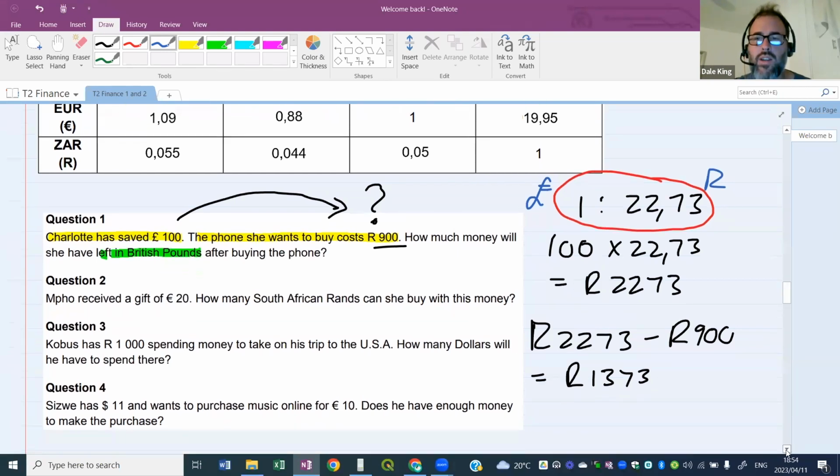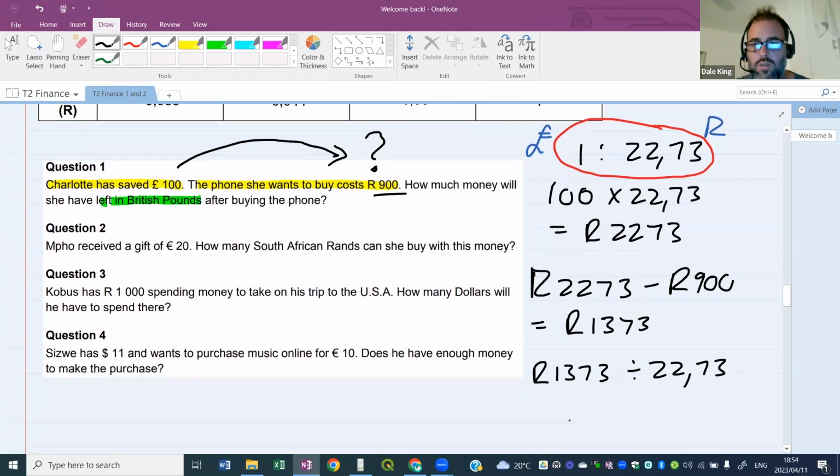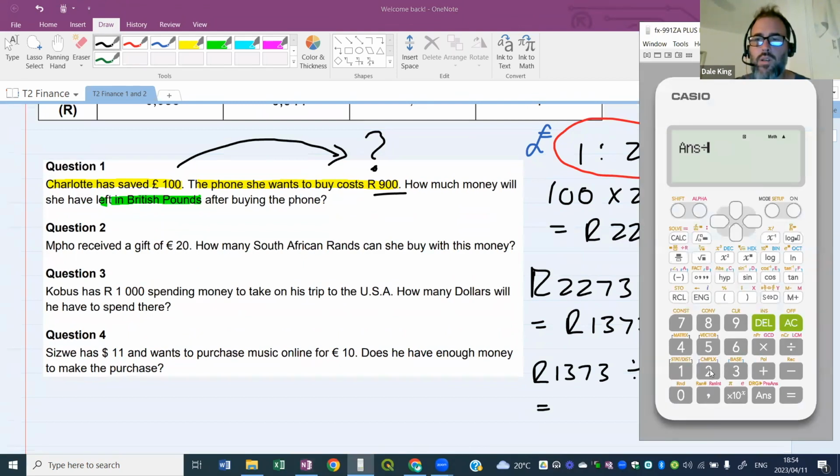I've got to divide now, okay? So I take this 1,373 and I divide, I cut it up. I want to see how many 22,73s I have because each one of those is a pound. All right, so divide that by 22,73.